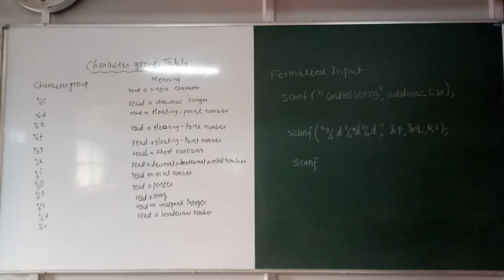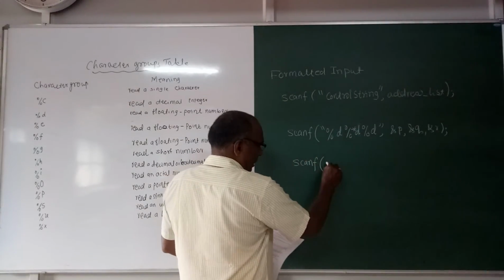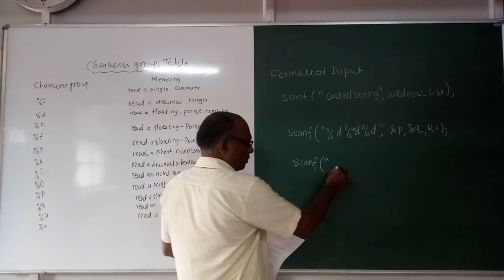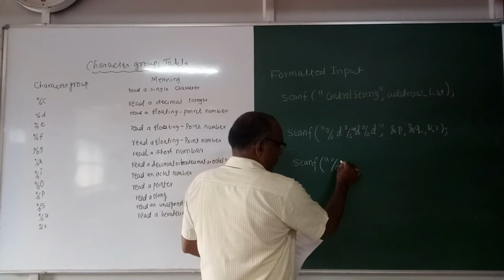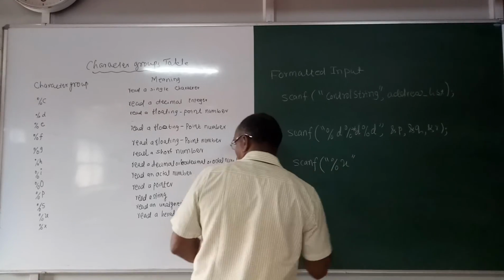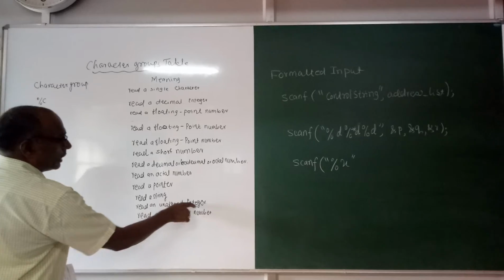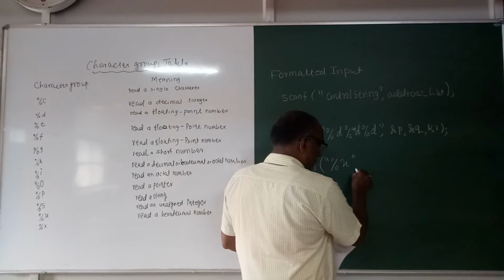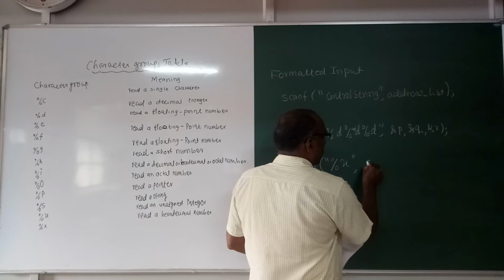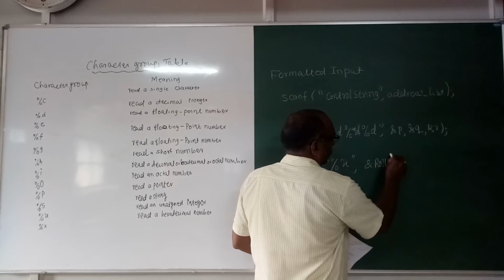Scanf, okay, inverted, that is double quote, percent sign, symbol, you can use this U here. It is U, read an unsigned integer, and then comma, ampersand and roll number, or I'll write roll.